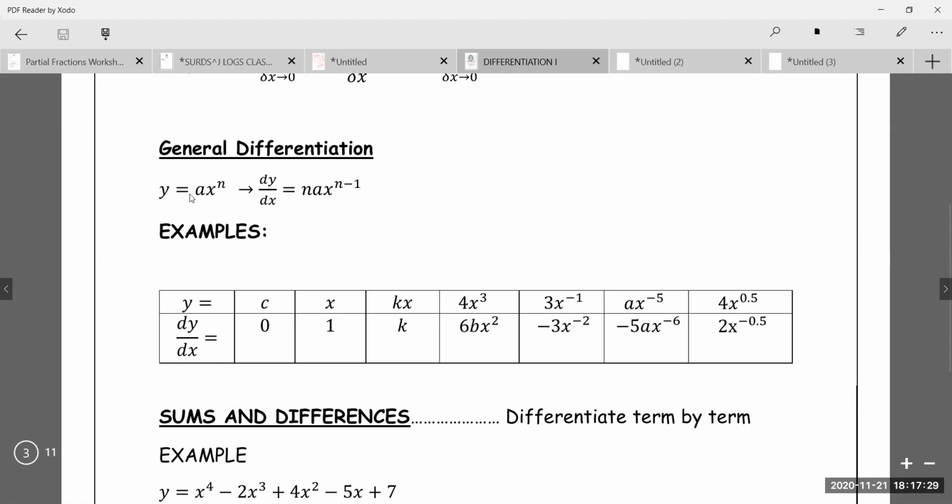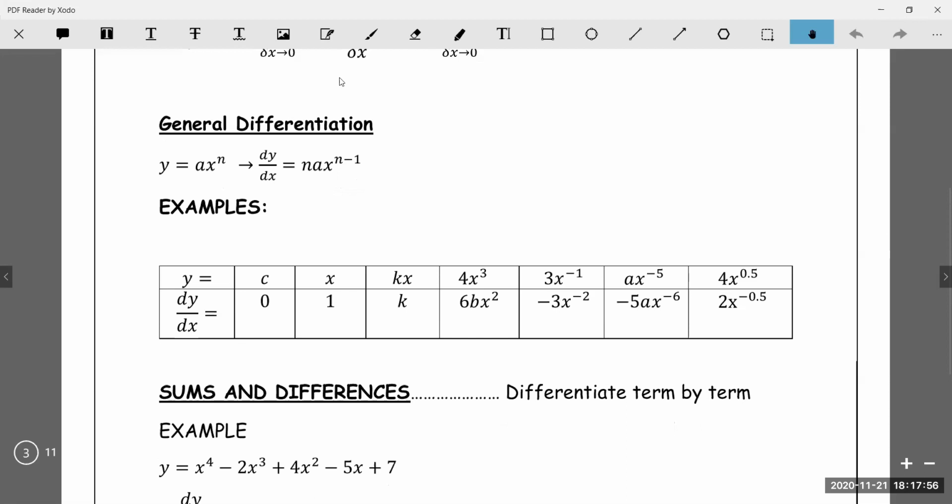So you bring down the power n, multiply it by a, and you subtract 1 from the power, so it becomes x to the n minus 1. To differentiate it to get dy by dx, you carry down the power, then you subtract 1 from the power. That's the general rule of differentiation.